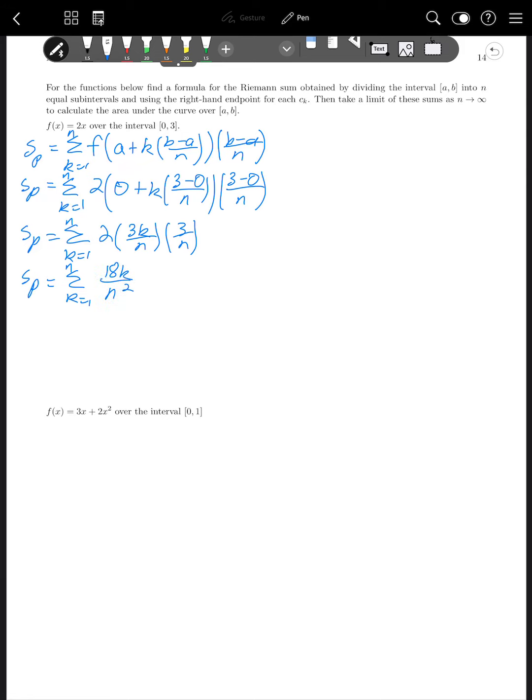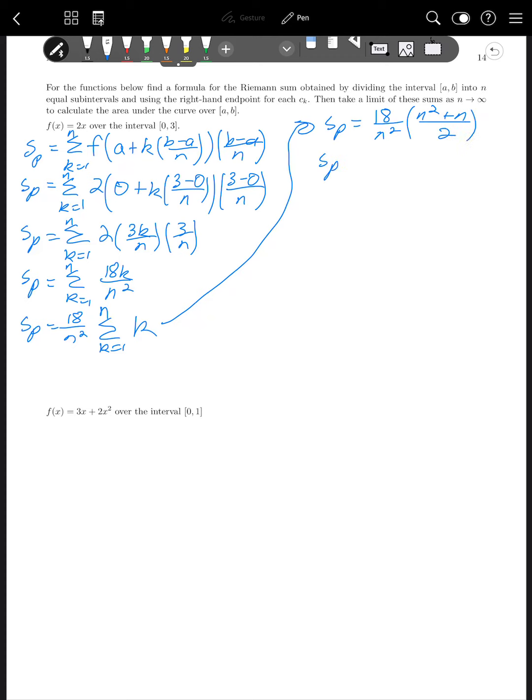Bring the constant out in front, so S of P equals 18 over n squared times the sum of k from k equals 1 to n. And now we can use our rule. So let's come up here. So S of P equals 18 over n squared times n squared plus n over 2.